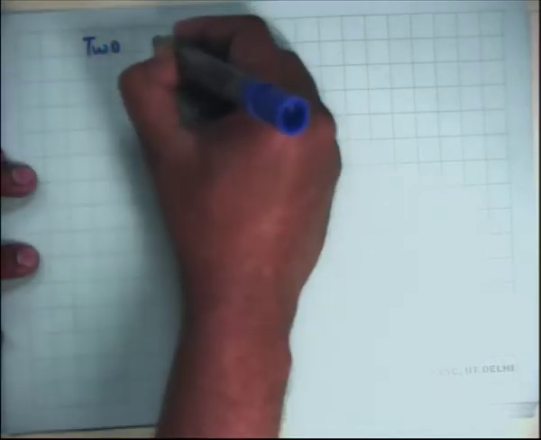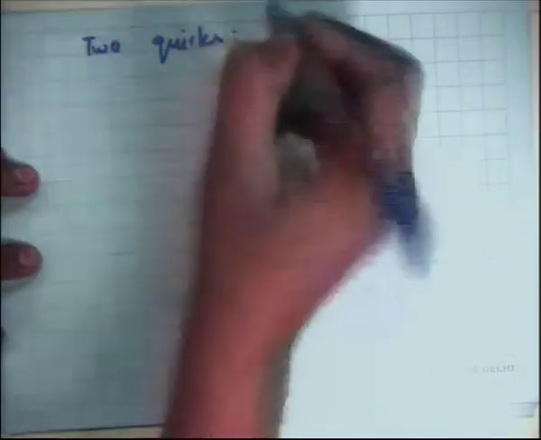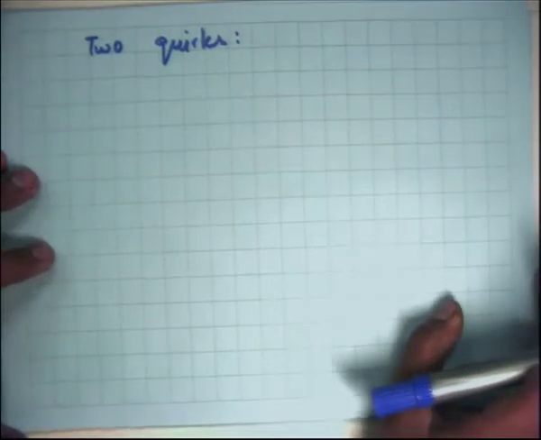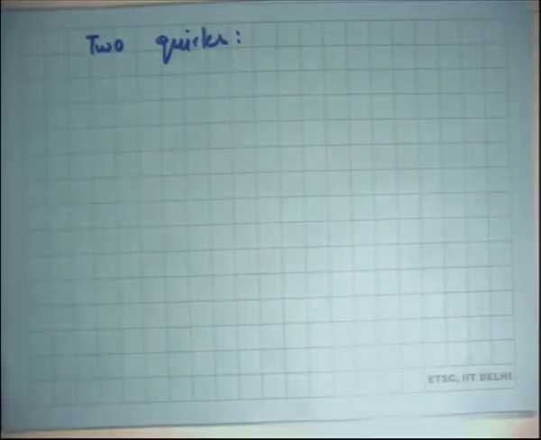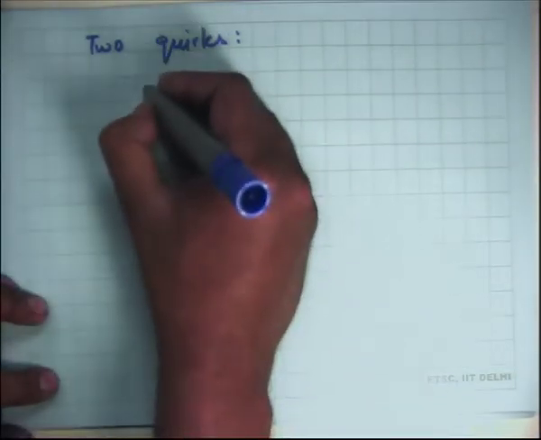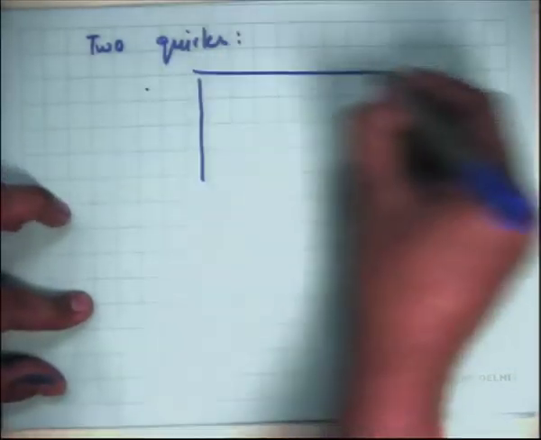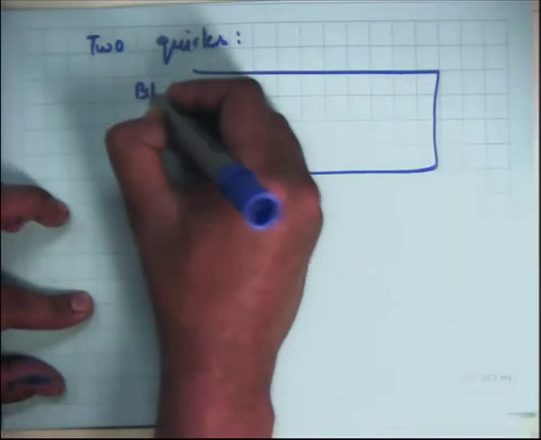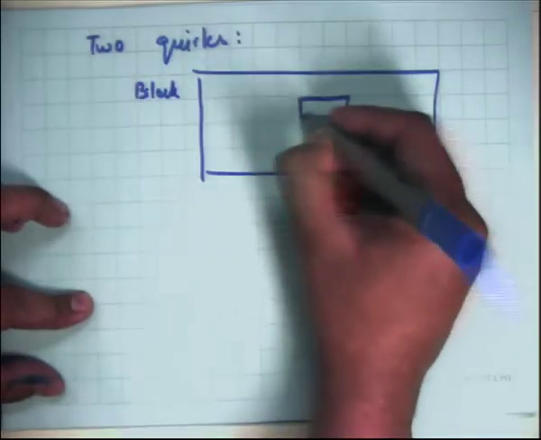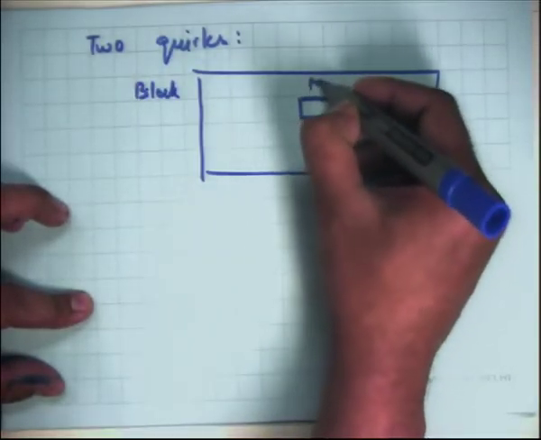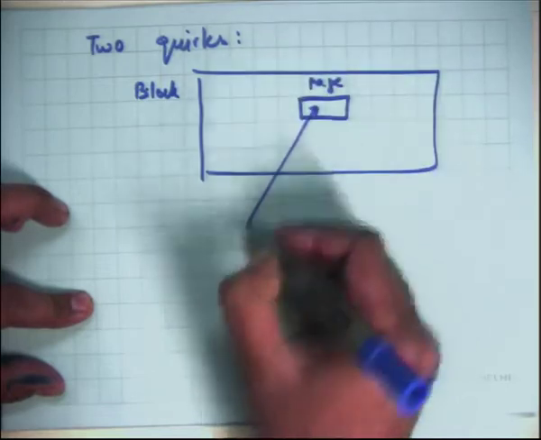Okay. So there are two significant quirks about flash storage which weren't there in magnetic disks. Firstly, if there's a block, let's say this is a block and it has a page in the middle, and this page needs updating.